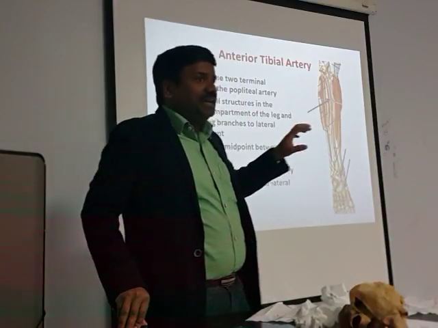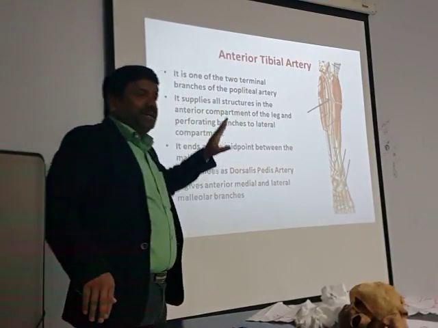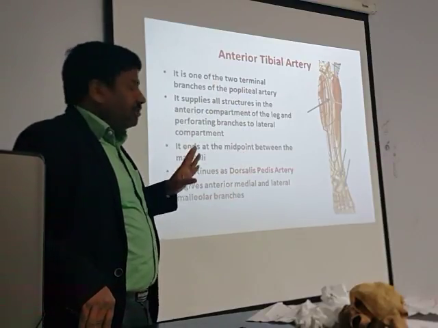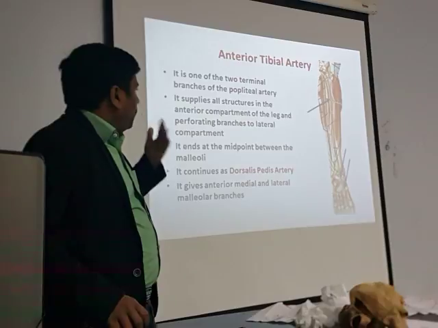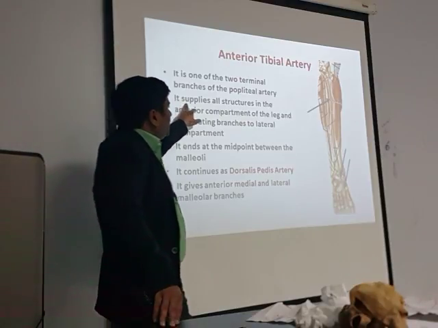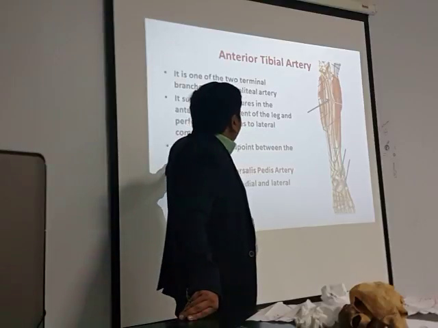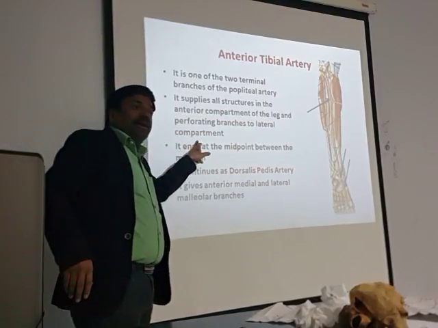It is the continuation of the anterior tibial artery. As I explained, it supplies all the structures in the anterior compartment of the leg and perforating branches even to the lateral compartment.